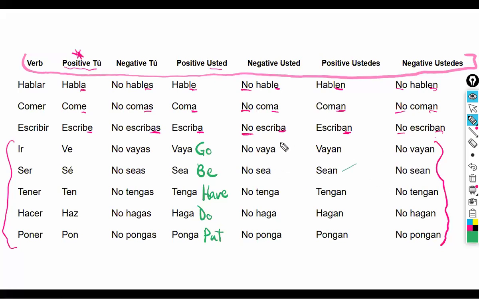So no vaya, no vayan, don't go, don't be, don't have. Like you might say, don't have nightmares. Have good dreams instead. Don't do, right? Don't do the homework. Don't put that there. So usually there'll be other words to go along with it to make it make sense, of course, right?